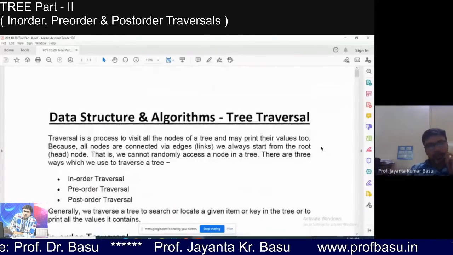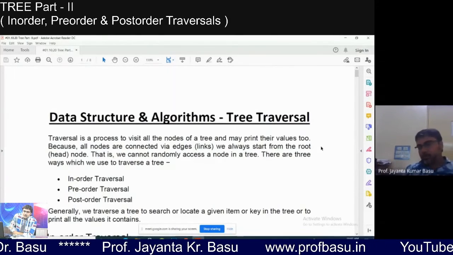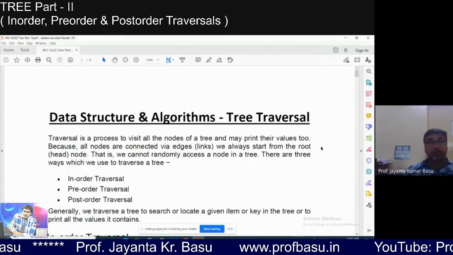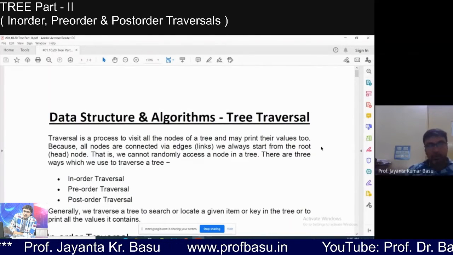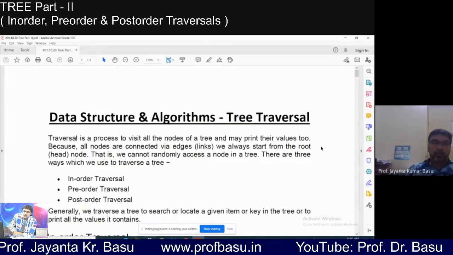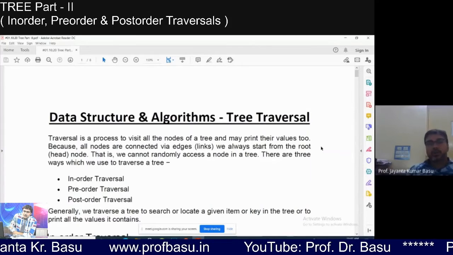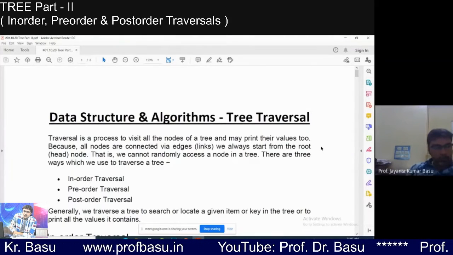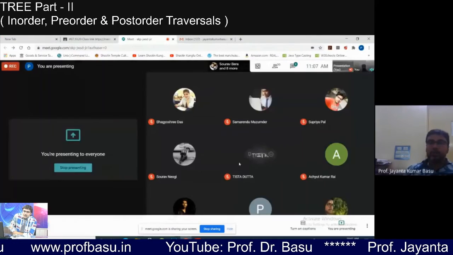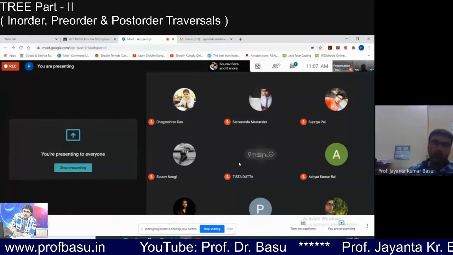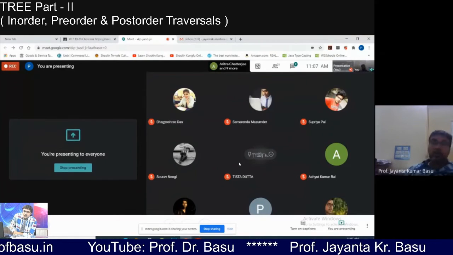So we discussed about this tree, what is the usefulness of tree to develop a real life project in the light of database management system. We discussed all this in earlier class. Today we will start discussing whenever we need to search a particular record from a tree, we have to traverse, like in a linear data structure.